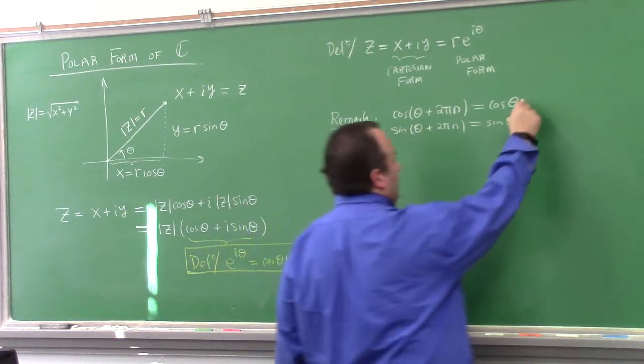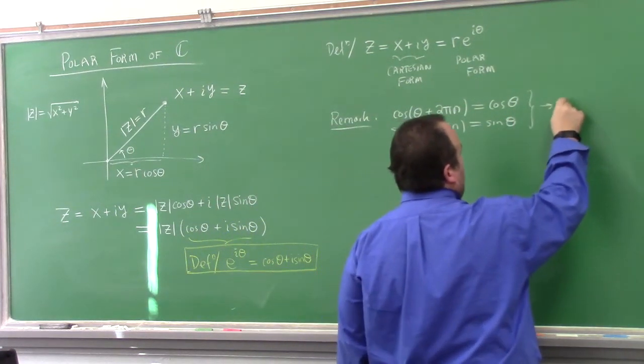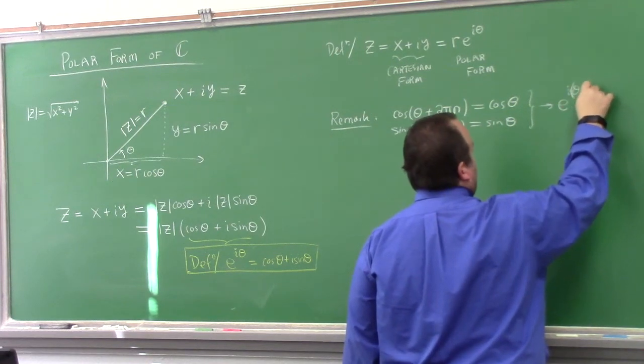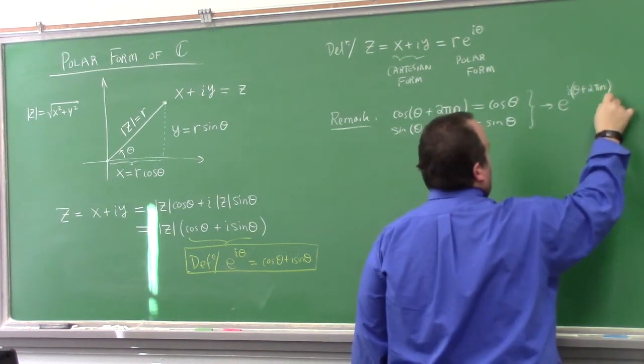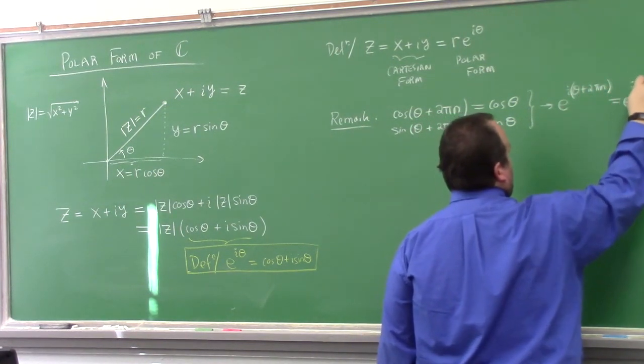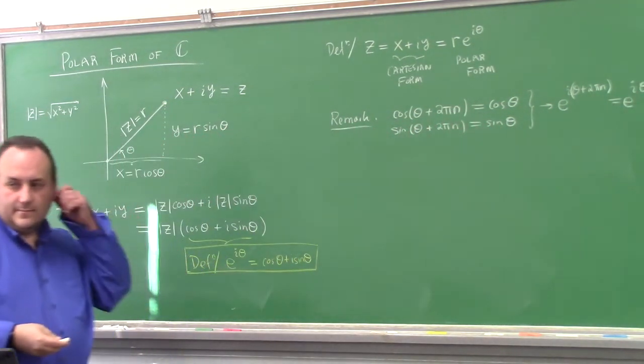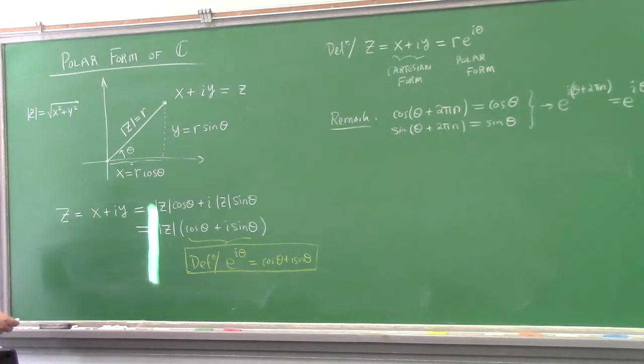And so you put these two things together, you get that e to the i times theta plus 2 pi n is equal to e to the i theta, right? So the imaginary exponential is also 2 pi periodic. Okay?